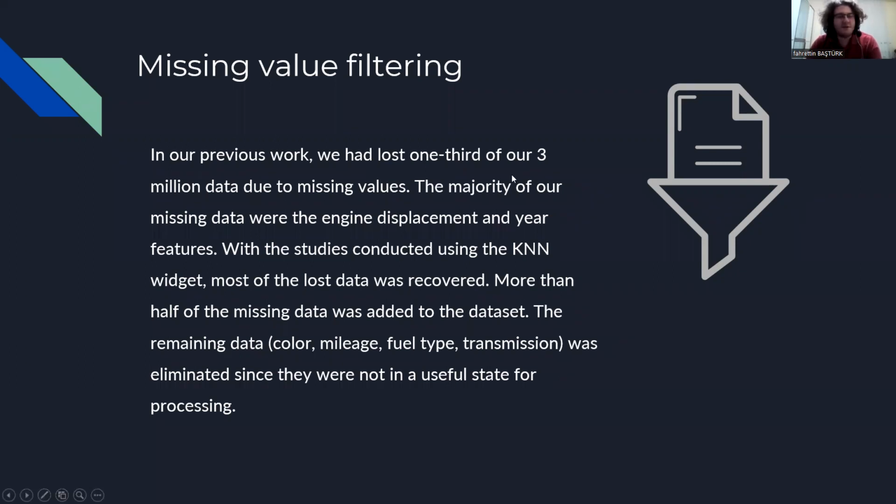And we thought that we don't want to use them in our data sets basically, and with that, the majority of missing data were the engine displacement and hair features.